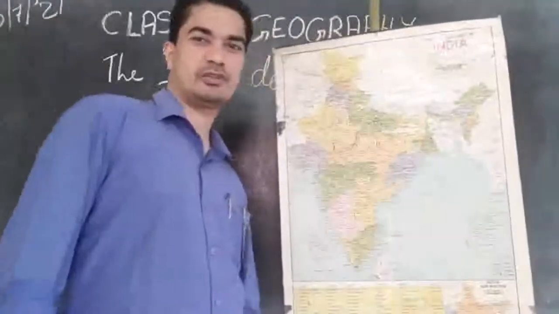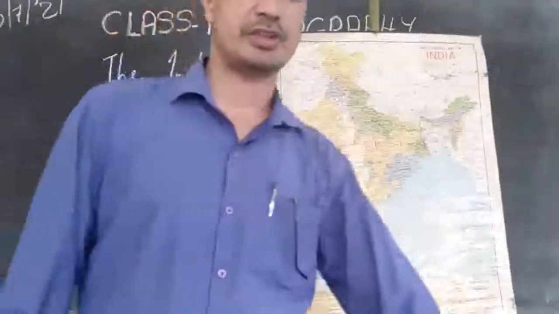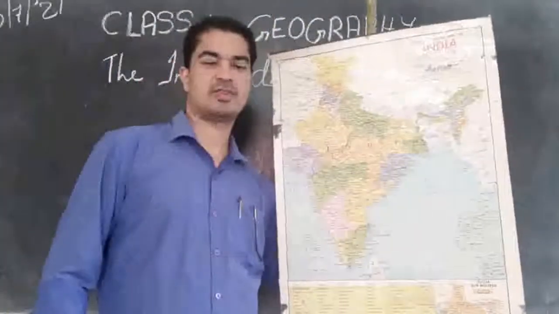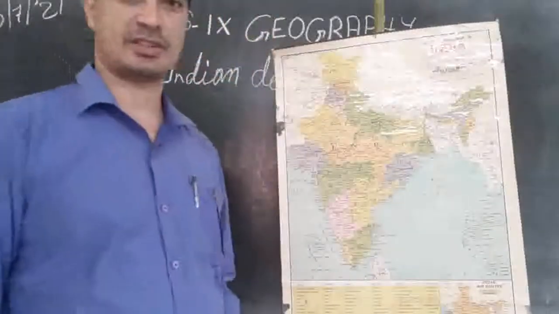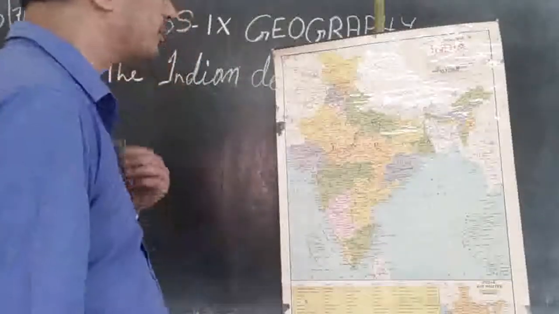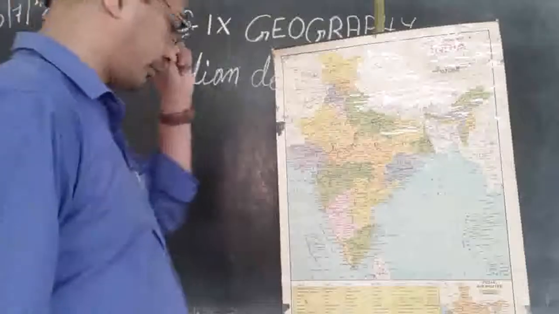So we shall use our map again. We saw yesterday the position of different mountains. So today, we saw there is the Aravalli Mountains, and next to the Aravalli Mountains the Indian desert begins.